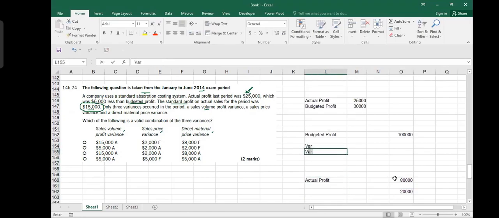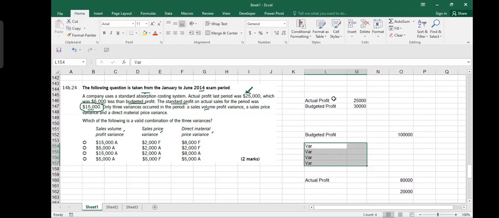And in between are all these variances. So the sum total of all these variances should be equal to 20,000. I mean, the difference between budgeted and actual profit is 20, and the sum total of all the variances should be 20,000. This was our logic.